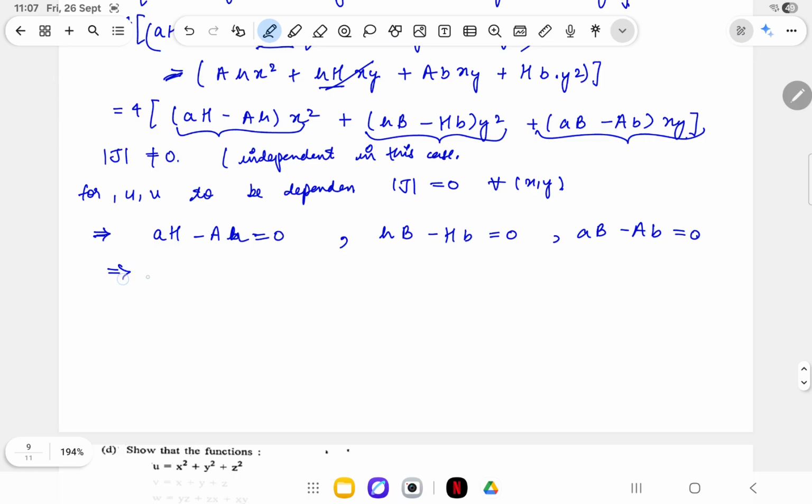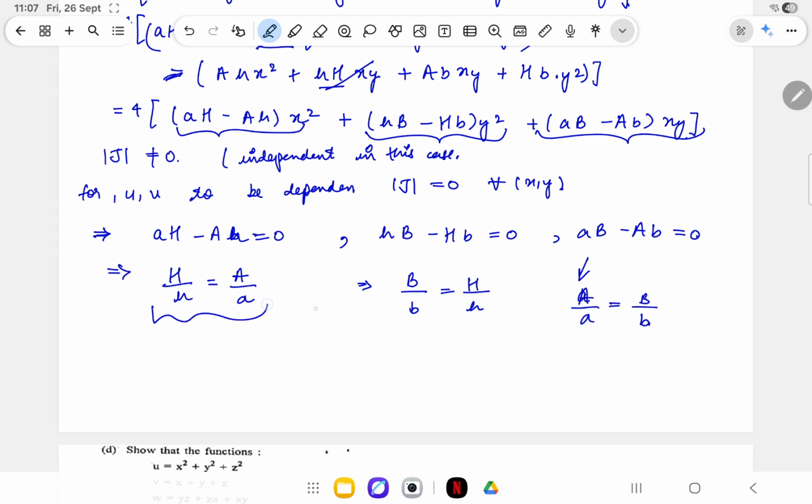Now I can write it as capital H by small h equals capital A by small a. Likewise, I can write it here as capital B by small b equals capital H by small h. And from this term, I can write capital A by small a is equal to capital B by small b.